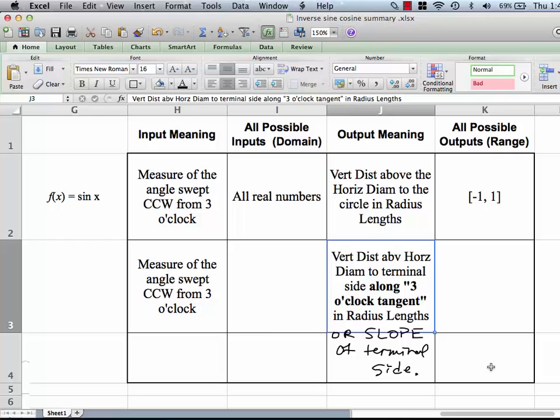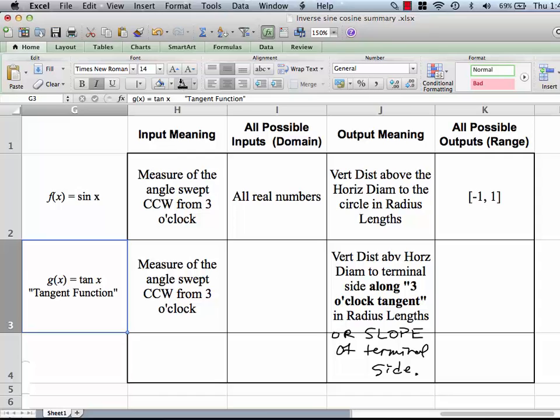Okay, so let's investigate this so we can come up with all the possible inputs and outputs of what we call the tangent function. So I can put that in now here. Okay, so this g of x is the tangent function.